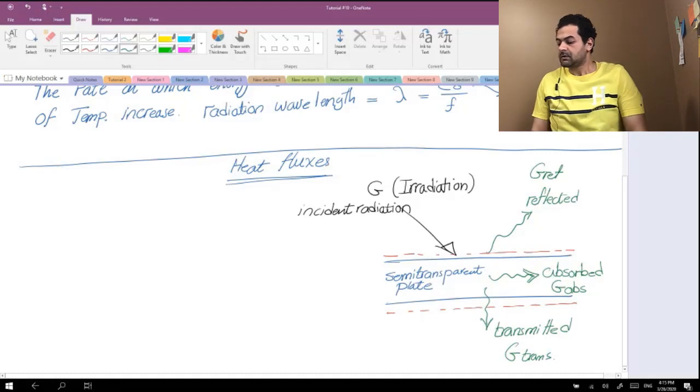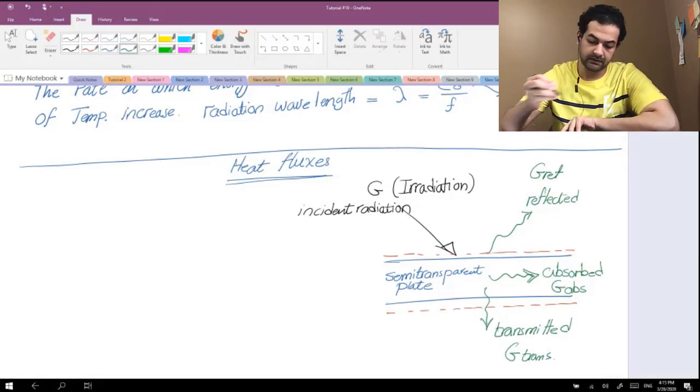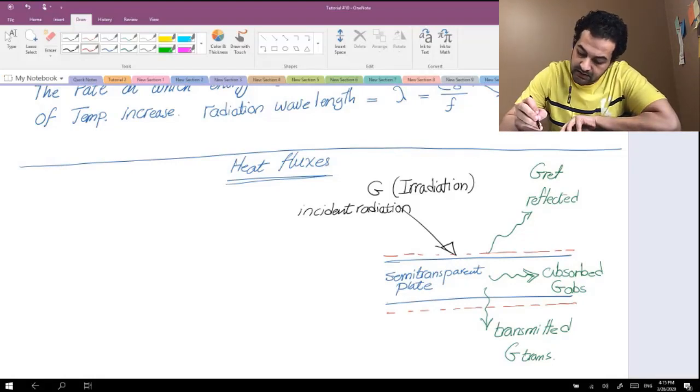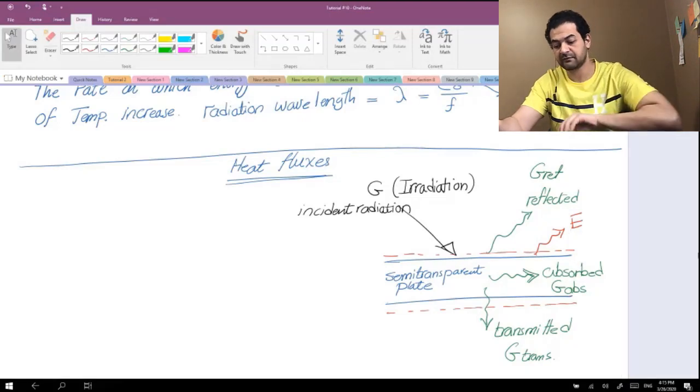All right. Also there is another factor, which is emitted, E. We give it E. So we have like four or five different energies here.